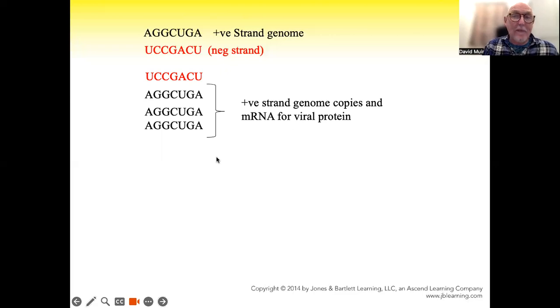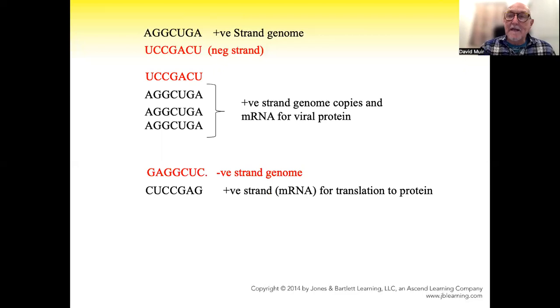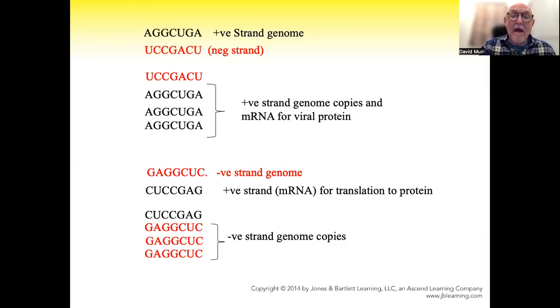Okay, so now what about negative strand RNA viruses? Well, here's a negative strand genome. You can't produce copies of the negative strand from a negative strand. So in the same way, the negative strand is transcribed, and now it forms a positive strand. And that positive strand can be used to produce many, many copies of the genome. And remember that this positive strand that we've transcribed from the viral genes is used as messenger RNA.